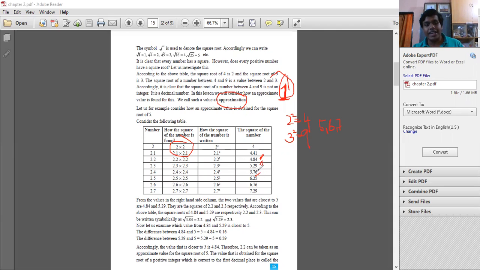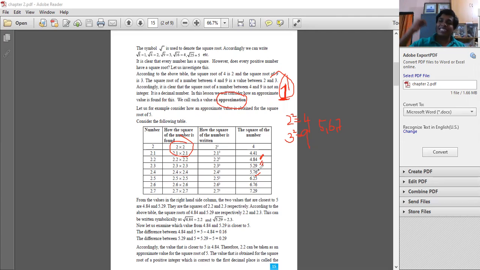Can you see? That's why we said that the square root of 5, 6, 7, or 8, all those four numbers, will fall between 2 and 3, because 2 squared is 4 and 3 squared is 9.